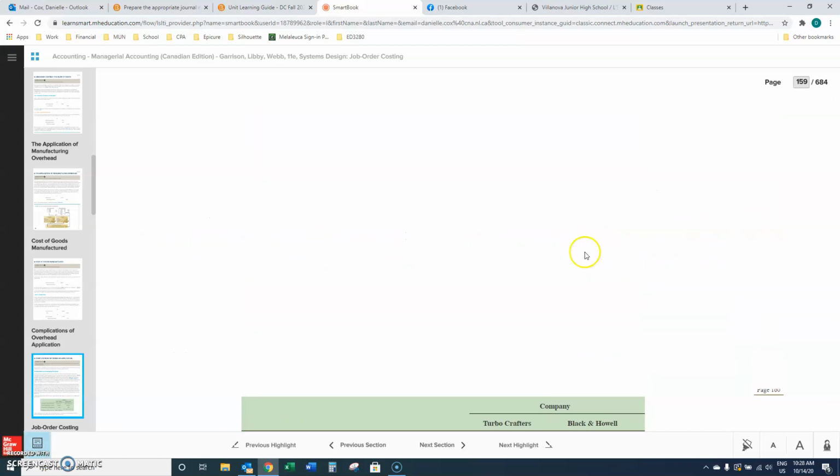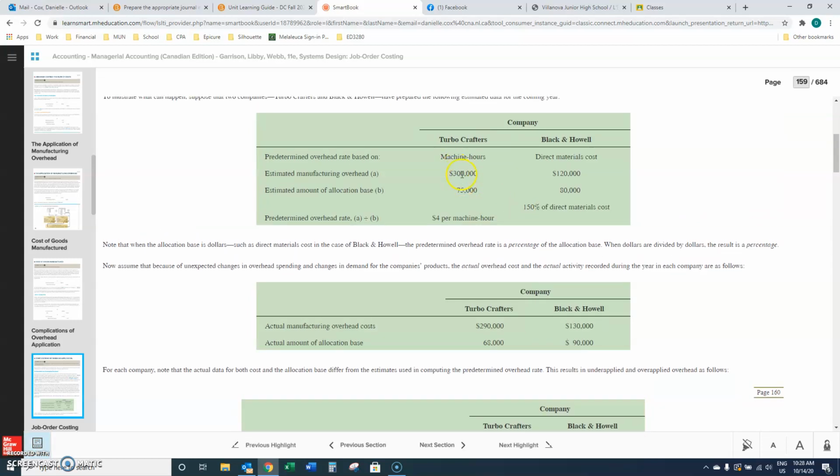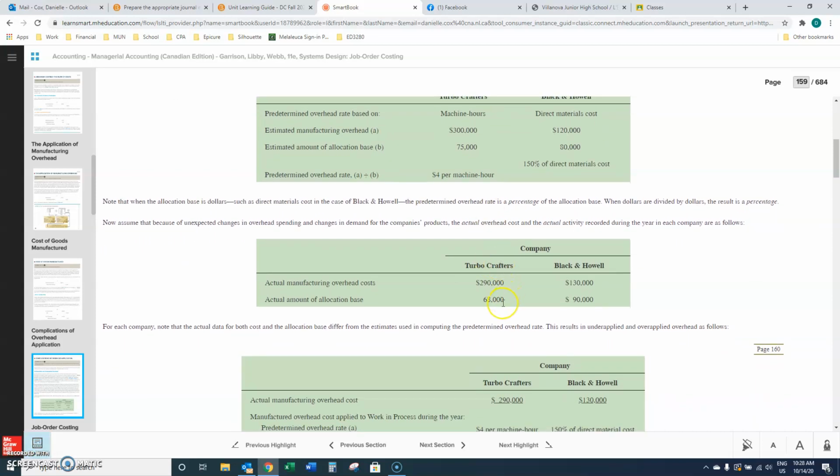So the thing to keep in mind is you're using the estimate of your overhead and the estimate of the allocation base to determine the predetermined overhead rate. Then you apply that rate to the actual allocation base. Say in month one, for this company, they actually used 5,000 machine hours.